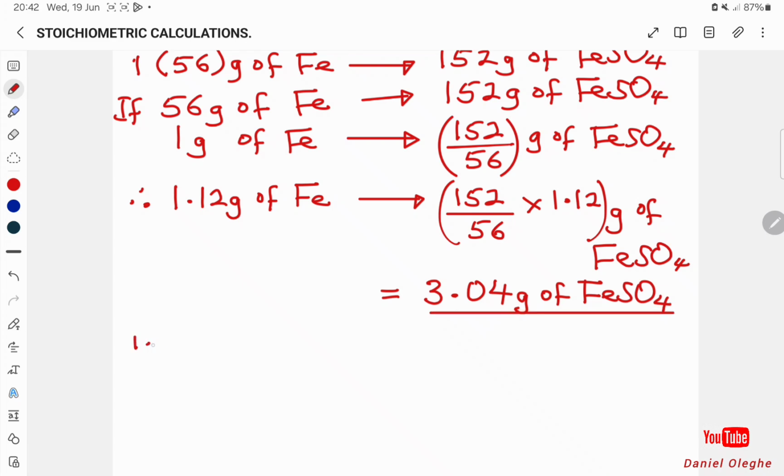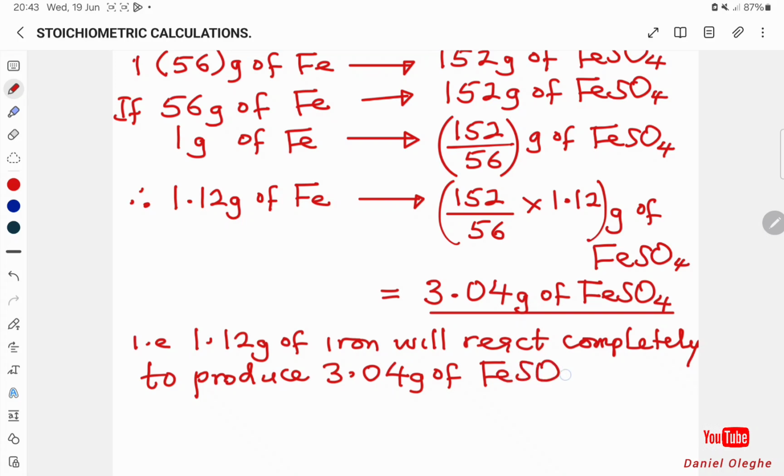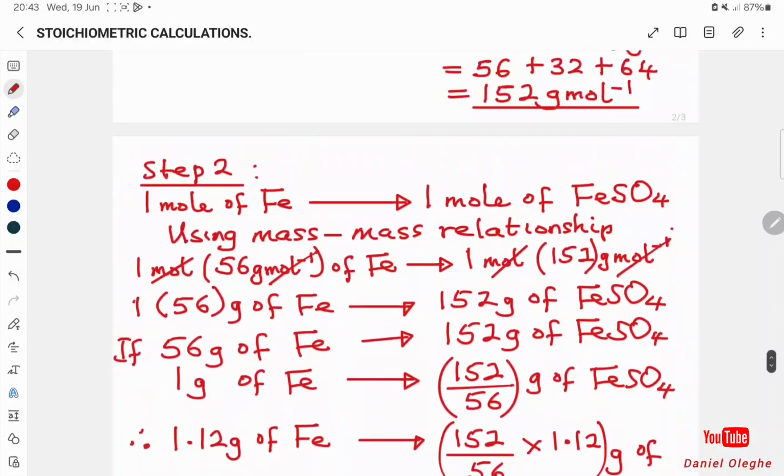So it means 1.12 gram of iron will react completely to produce 3.04 gram of the product, which is FeSO4. So that is how to get that.